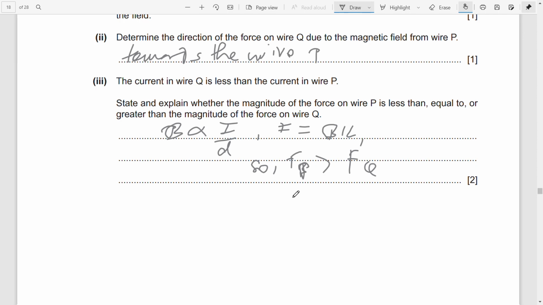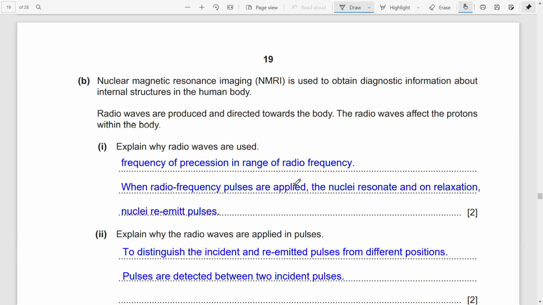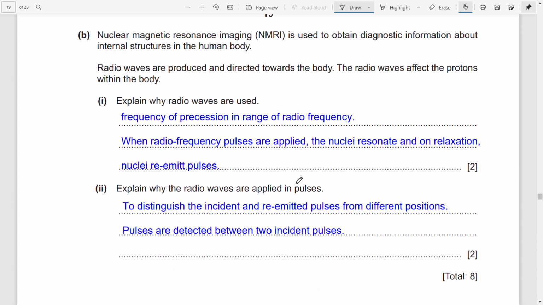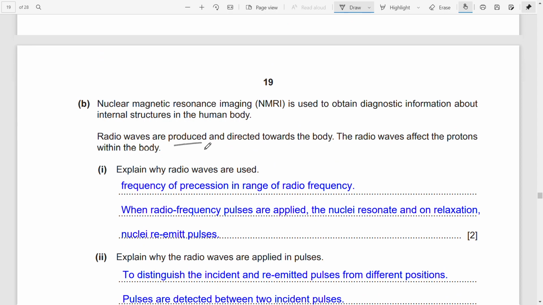If you get confused, then I would suggest you go through the David Sang book. Here, nuclear magnetic resonance, NMRI, is used to obtain diagnostic information about internal structure in the human body. Radio waves are produced and directed towards the body, your stomach. The radio waves affect the protons within the body.